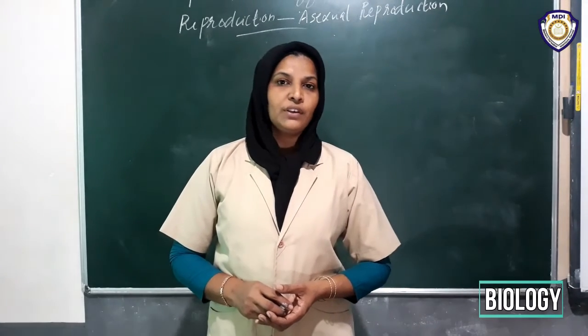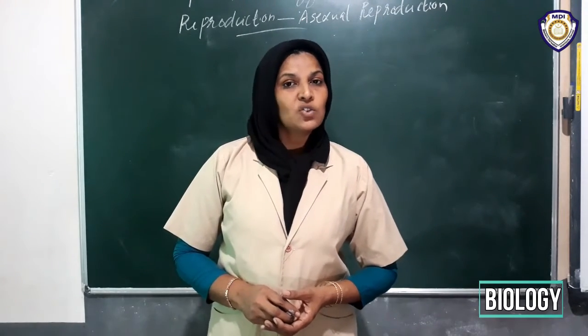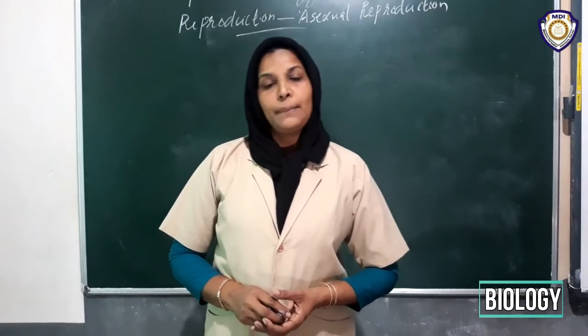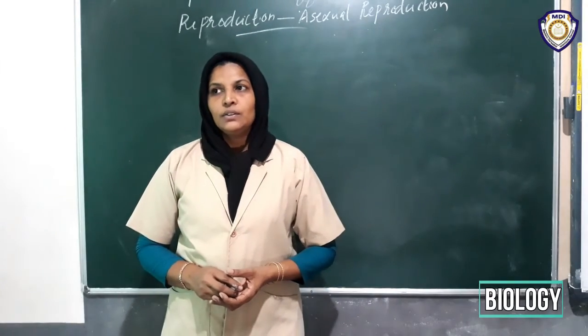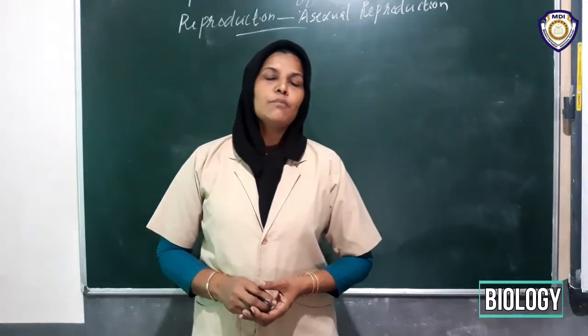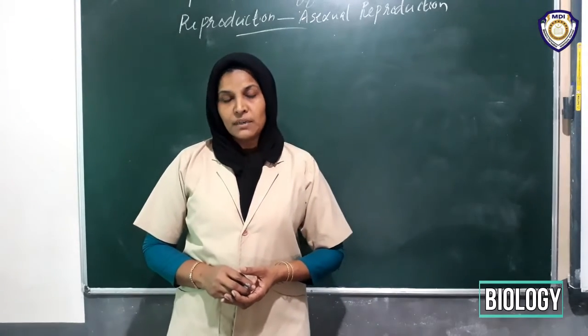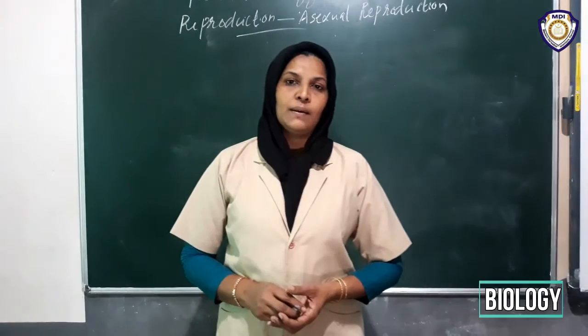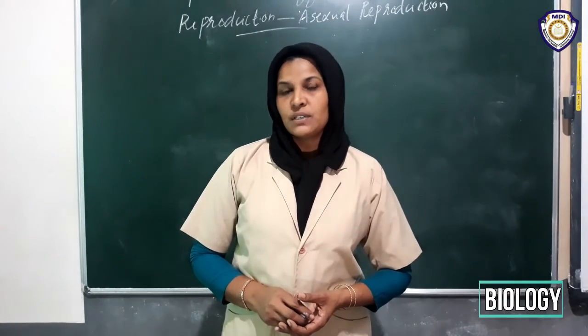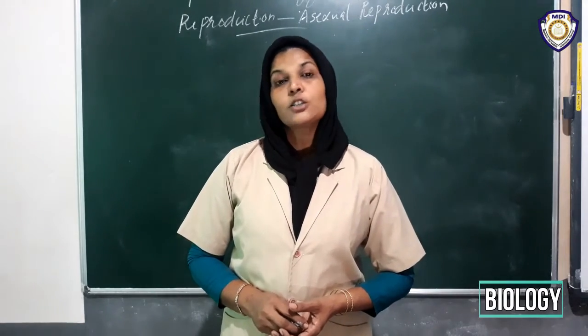What is its scientific name? That is Rhizopus. Rhizopus, penicillium, then mucor. These are some of the fungi that exhibit spore formation. That means they multiply in number. They reproduce asexually by the process known as spore formation.